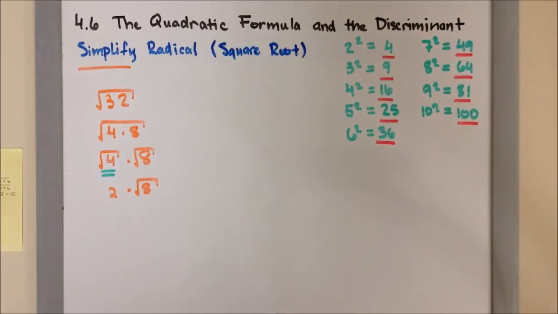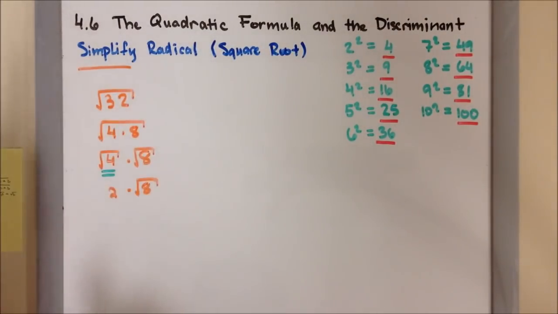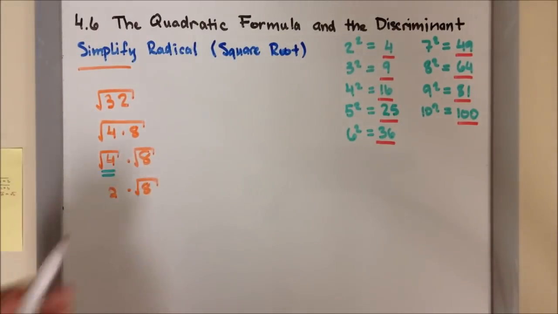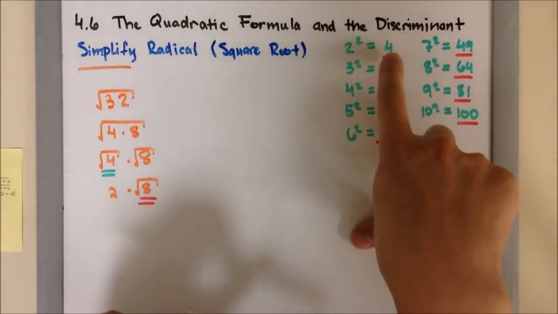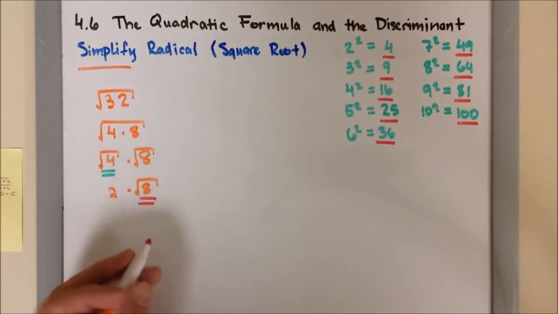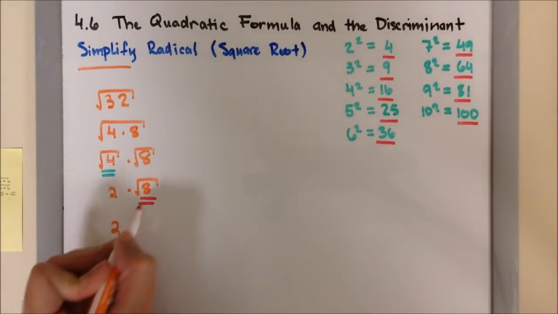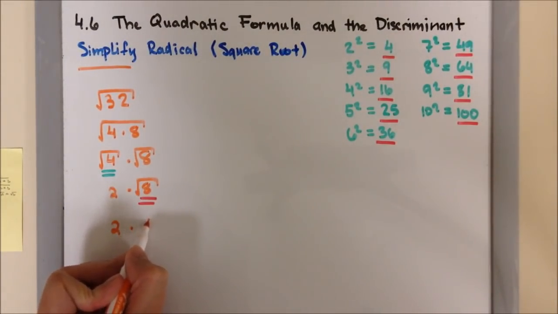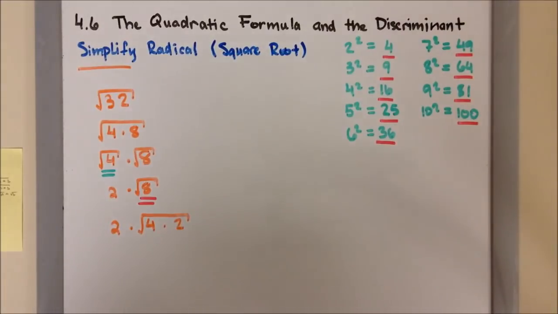Now, here's the problem. We can actually keep going, simplifying, because the square root of 8 can actually still be broken down into two numbers. So, the two numbers that you can use for 8 is 4 and 2. So, I'm going to write my 2, the one I simplified already. I'm going to simplify the square root of 8 and it becomes 4 times 2. Just like that.